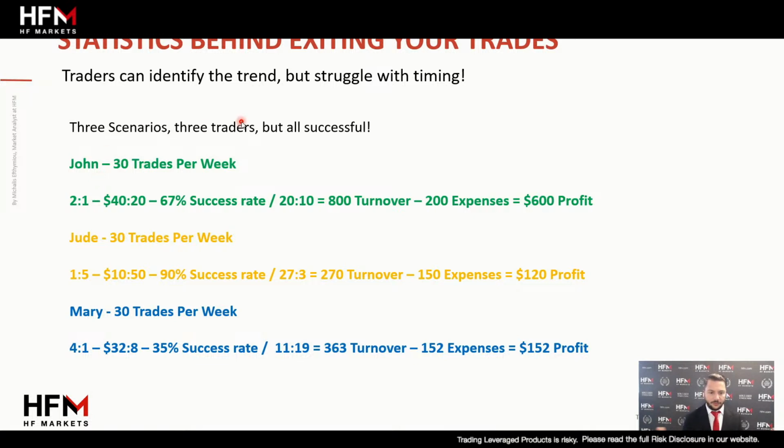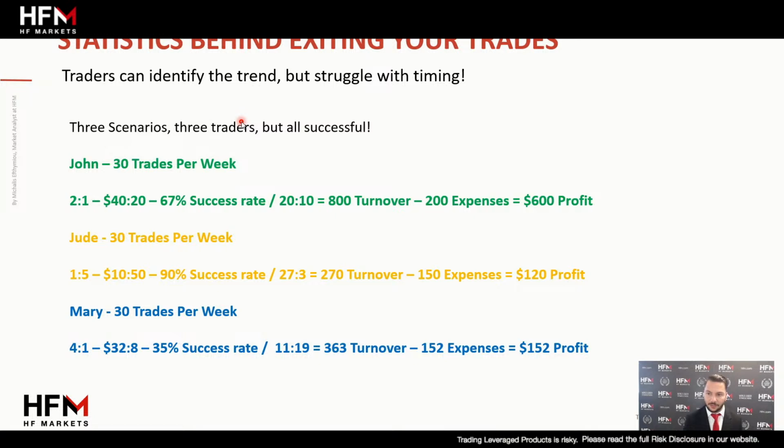So there's three things we're going to be looking at here. Number one, you need to be looking at how many trades you open every single week. Now, try and open the same trade sizes because management and these calculations become super simple if you're opening the same amount of trades every week and the same trade size. So, for example, we're going to be using 30 trades per week, and it could be, let's say, one lot, but it's just for example's sake.